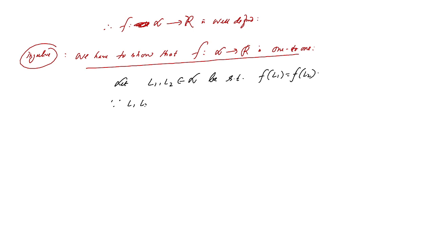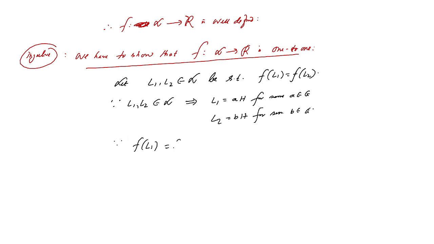Since L1, L2 both belong to L, L1 equals the left coset aH for some a belongs to G, and L2 equals bH for some b belongs to G. And since f(L1) equals f(L2), that means f(aH) equals f(bH), and that implies Ha inverse equals Hb inverse. Okay.